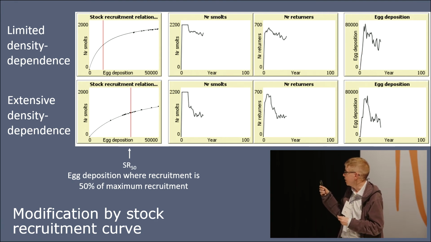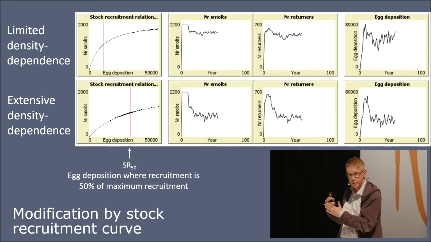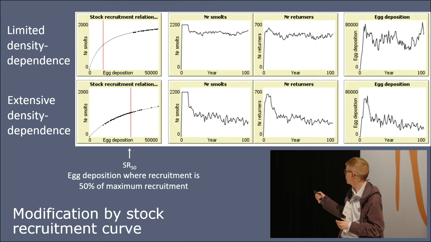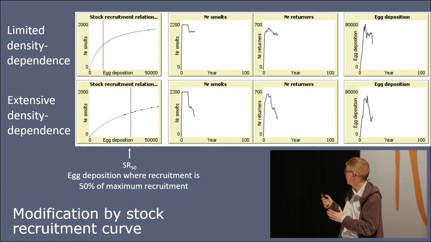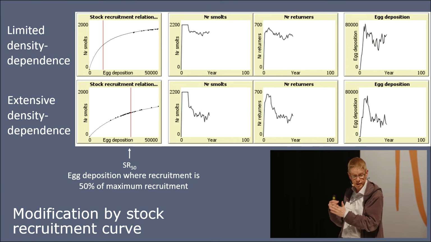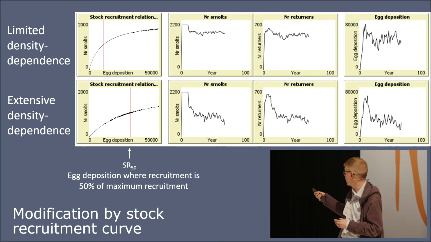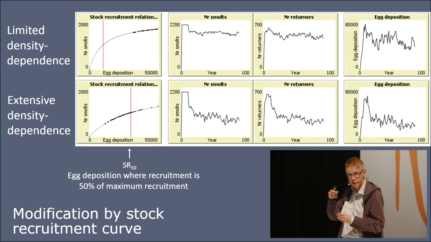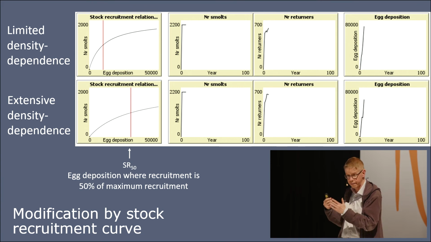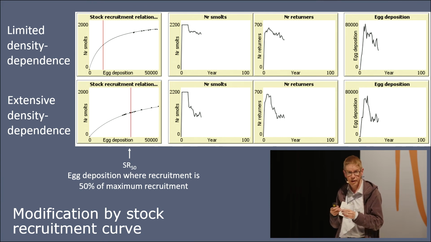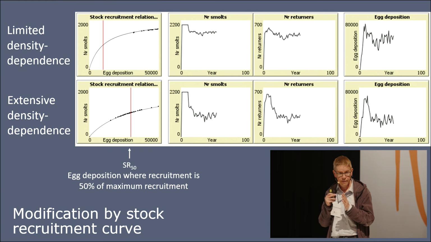In both populations we have the same lice infestation rate, but with one population, the one on the top, we're getting no decline in egg deposition and no decline in stock. The one on the bottom, we're getting a strong decline in egg deposition and eventual extirpation of the stock for the same lice infestation levels.